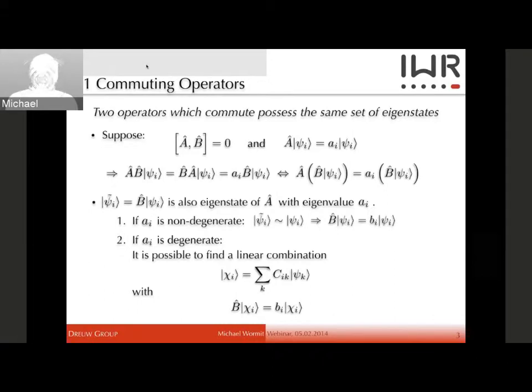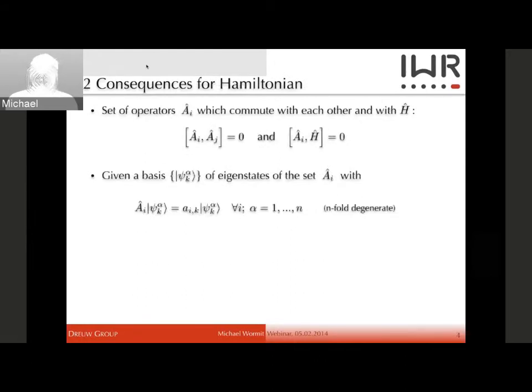Anyway, at the moment this has nothing to do with symmetry yet, but now let's consider the consequences of this theorem for the Hamiltonian, assuming that we have a set of operators A I, which we assume to be symmetry operators.